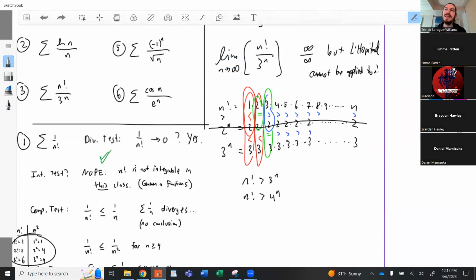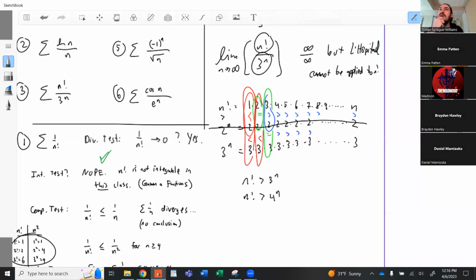If you want to really learn how to prove that n factorial will eventually surpass any exponential function, no matter how large your exponential base or growth factor is, you can prove that. If you're in discrete math, I cover how to prove things like that.